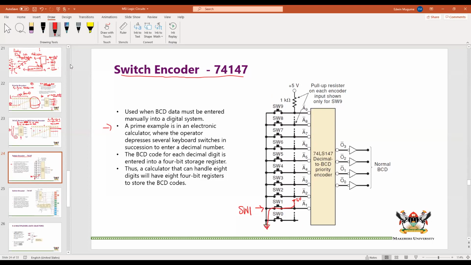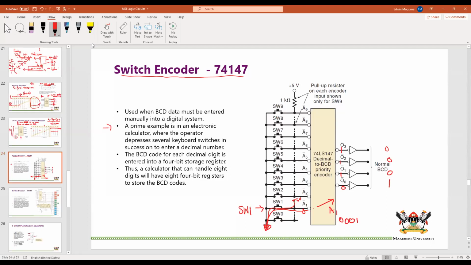When you push that into the ground, it means that now A1 is connected to the ground, and now we should have a 0. So that means we have an active value going in here, which should give us out here the code for A1. A1 we know is 0001, which would be here, meaning that here we would have 1, 1, 1, 0, the inverted scenario.